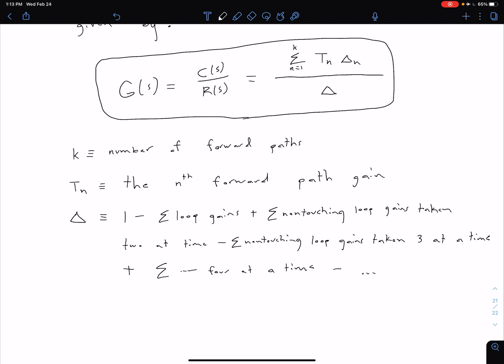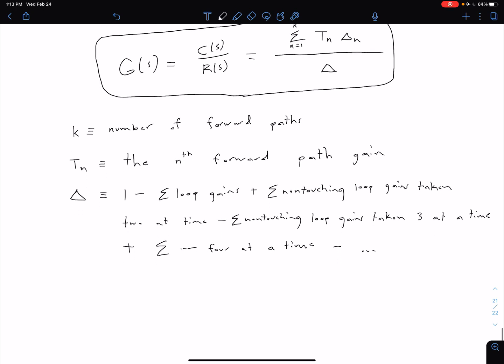In our system from the previous video, we did not have the ability to take non-touching loop gains 3 at a time because we only had 2 loops that weren't touching each other. We didn't have 3 loops, all of which were not touching any of the other 2. For more complicated systems, of course, this delta gets harder to evaluate.